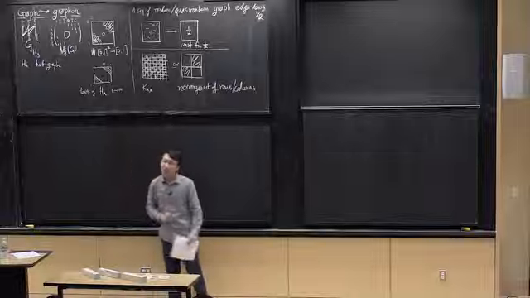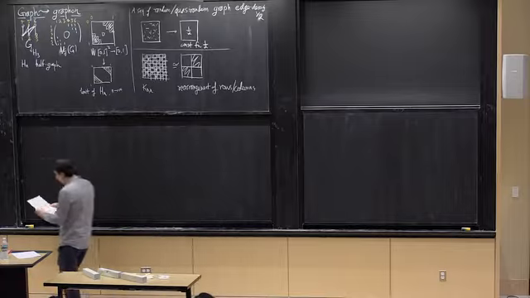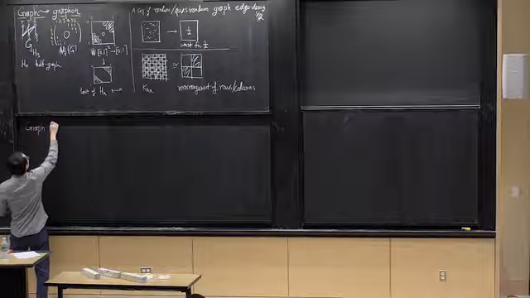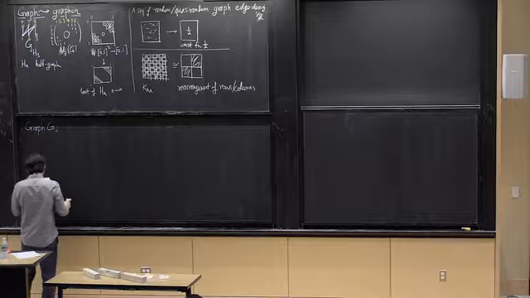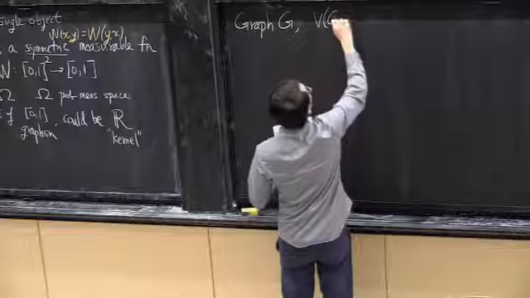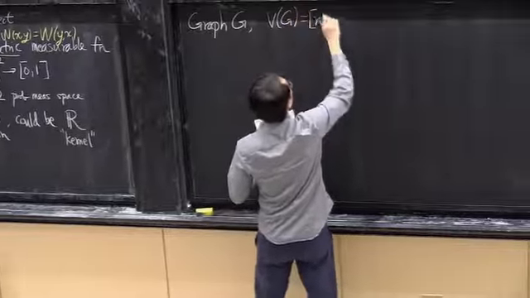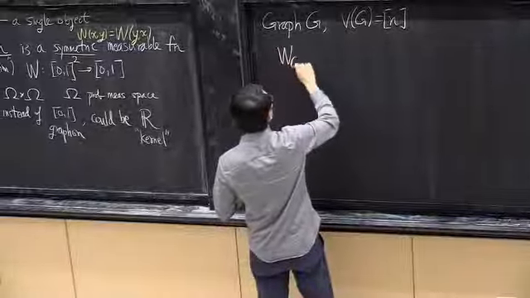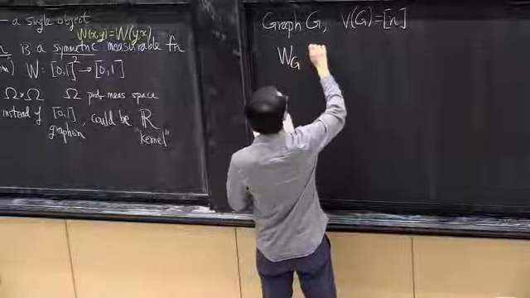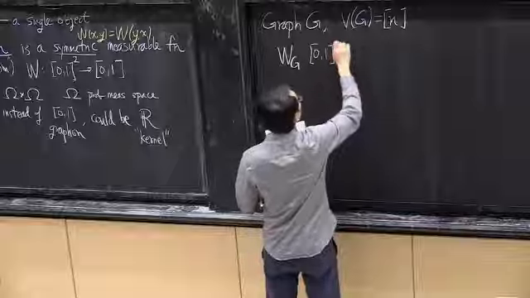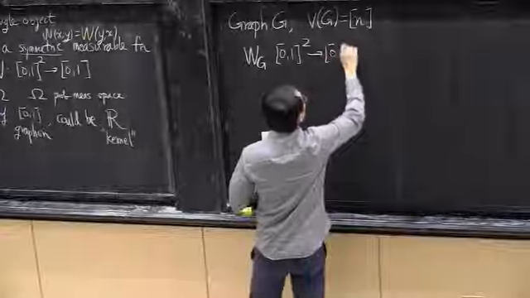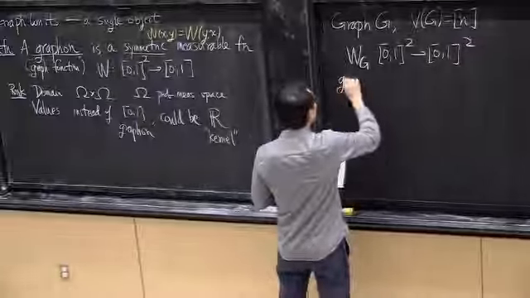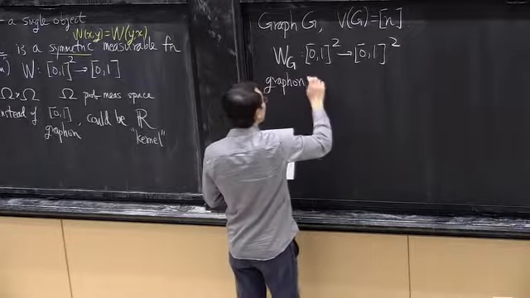Okay, so let me be more precise. Starting with a graph G, let me label the vertices by 1 through n. I can denote by W sub G this function, this graphon, obtained by the following procedure.